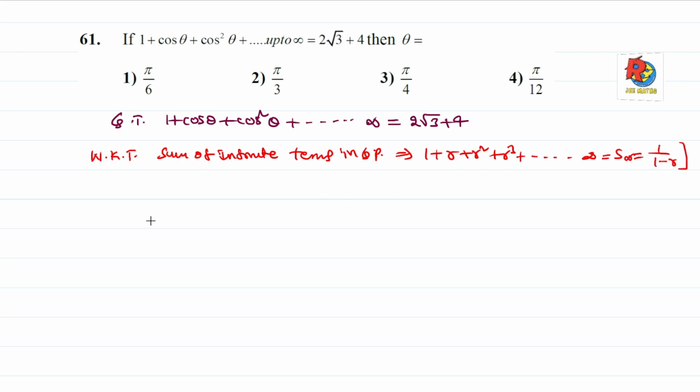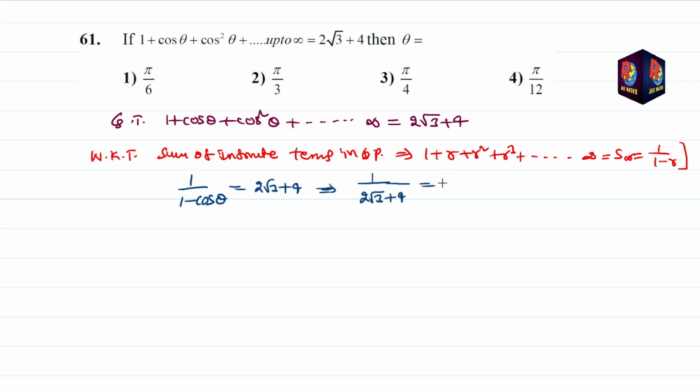Using this formula, the left hand side will be 1 by 1 minus cos theta, equals 2 root 3 plus 4. I can interchange the denominator and these values: 1 by 2 root 3 plus 4 equals 1 minus cos theta.